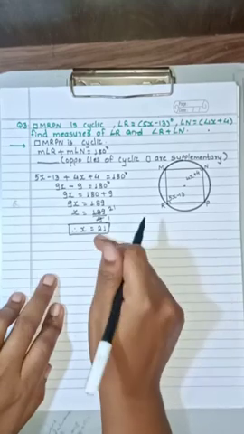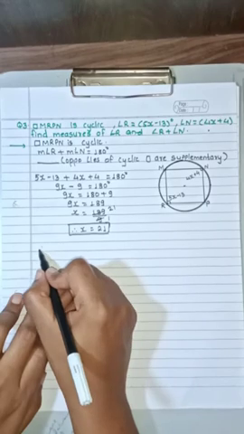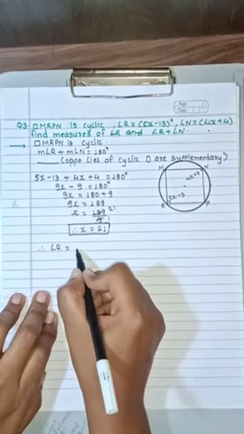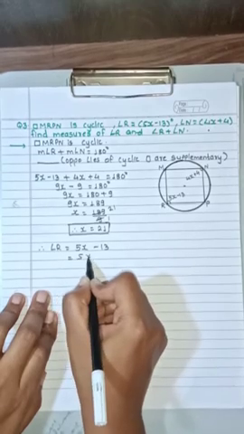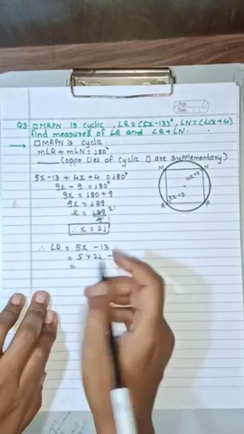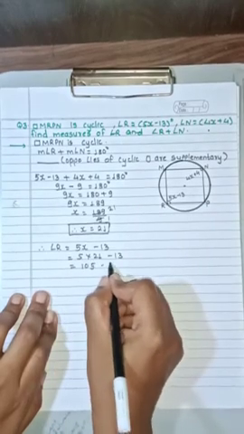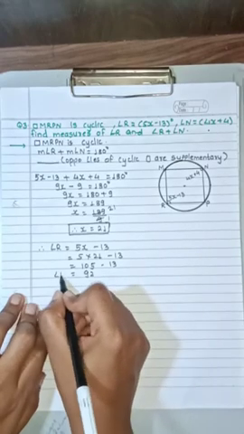Now as you have found the value of x, you can put it in the value of angle R and angle N. Therefore angle R is equal to 5x minus 13, that is 5 into 21 minus 13. 5 21s are 105, minus 13, that will be 92. Angle R is 92.